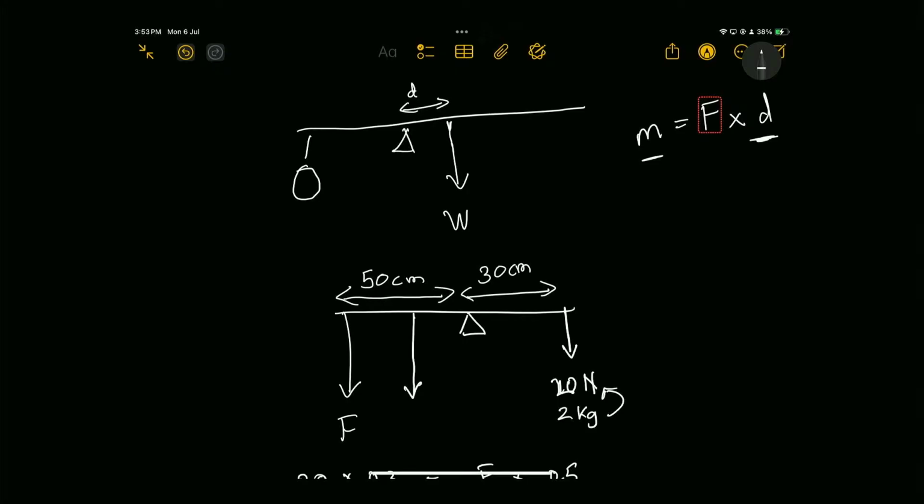If you are holding the scissors further away from the pivot, so at the end of the handle of the scissors, you apply less force to make the cut, right? That's just like one example.